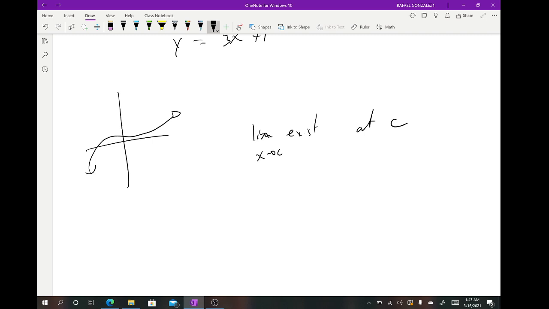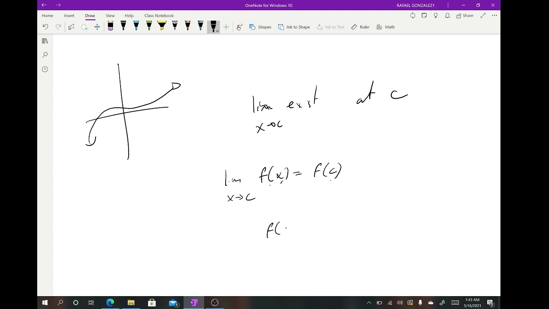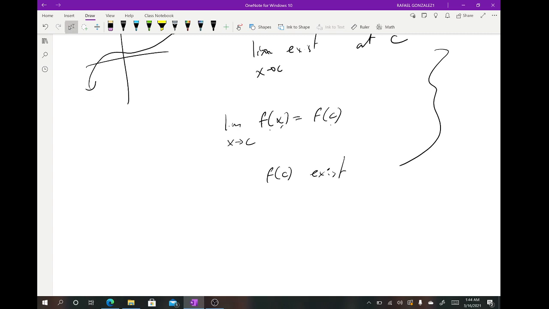It implies that the limit as x goes to c of f of x is equal to f of c. And by nature, it also means that f of c exists or is defined. Okay? So if all these 3 things are true, then the function is continuous.